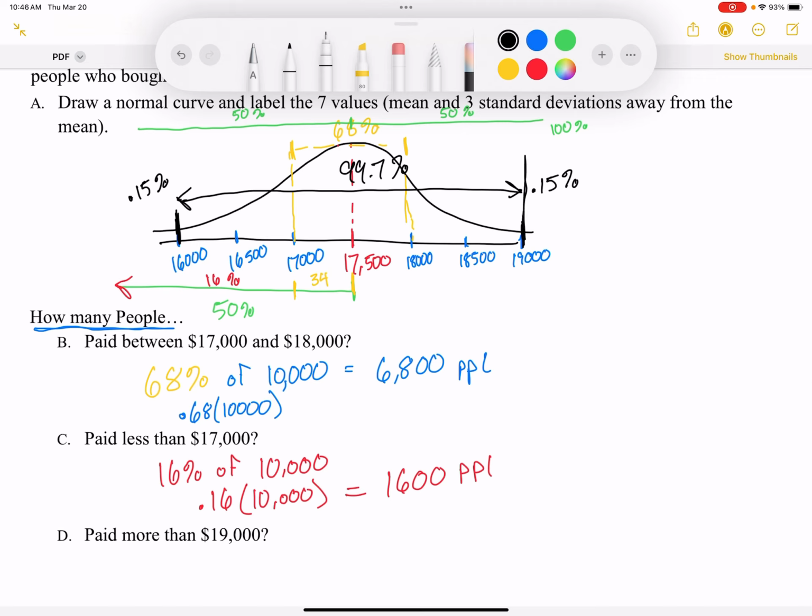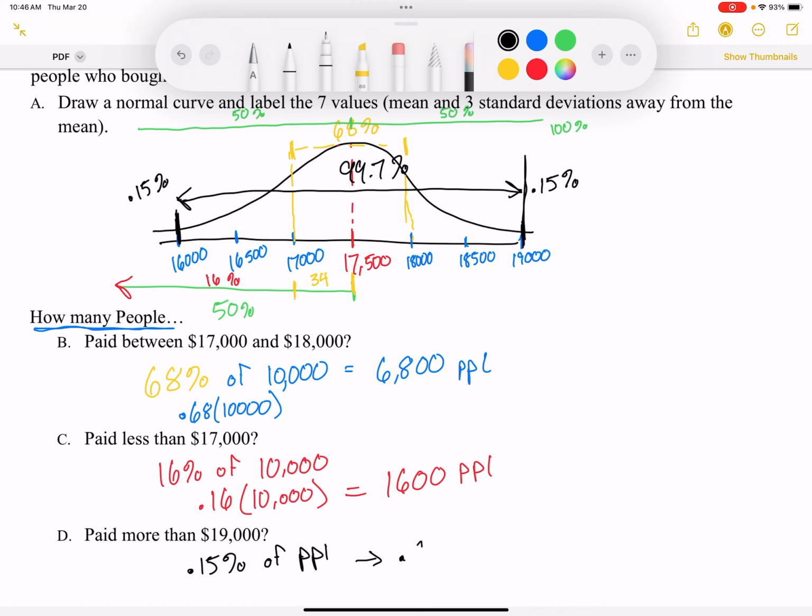So how many people paid more than $19,000? Well, 0.15% of people, which really just means, be careful, this is a percentage.